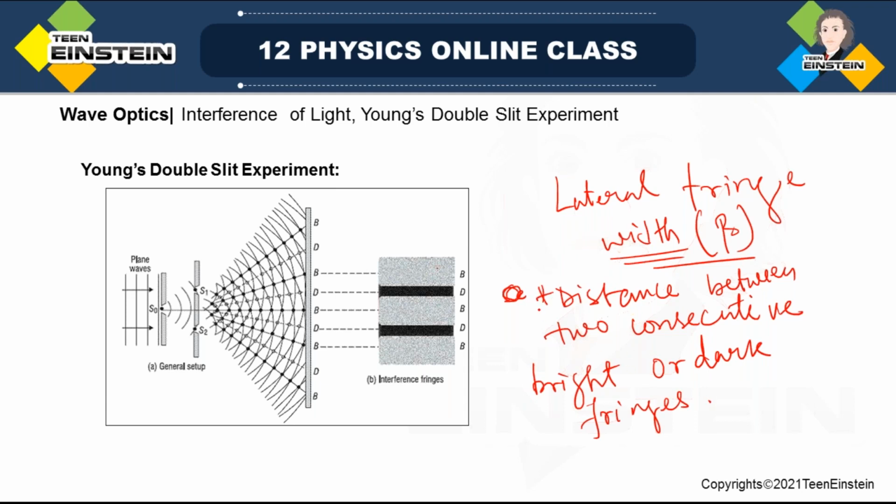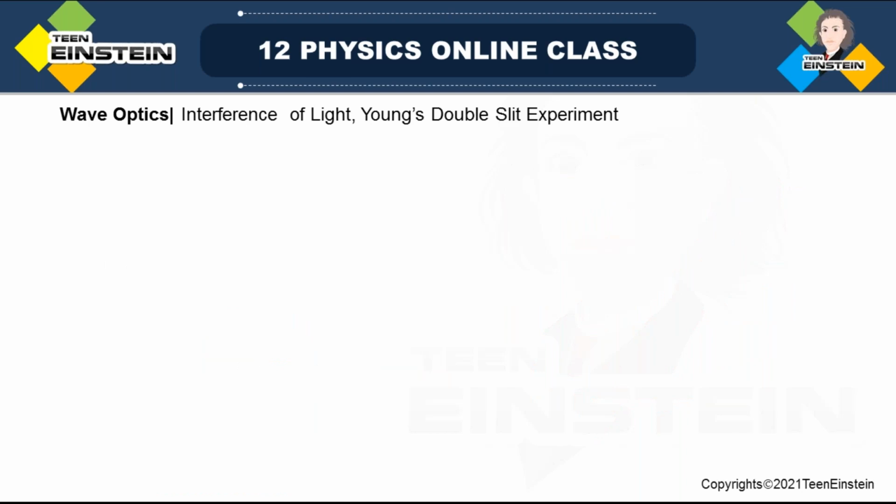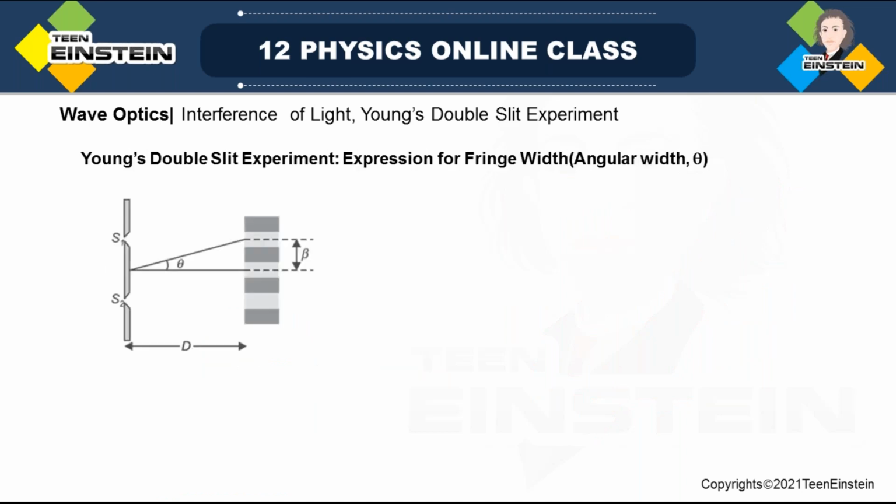You might be having some problem understanding this language, what is fringe width and all. See, I'll show you one more figure here. You'll be able to appreciate this. See, this is dark, this is bright. Again, you look, this is dark, again this is bright.